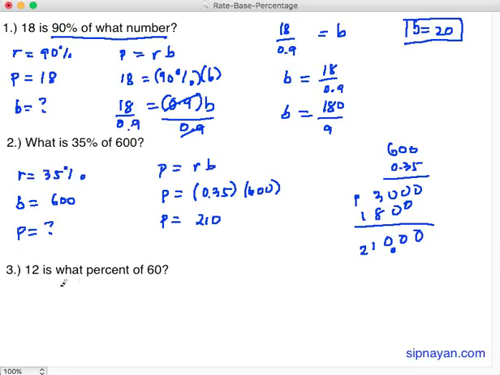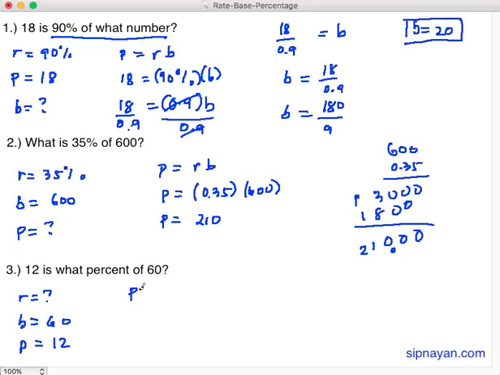Okay? 12 is what percent of 60? I think obviously walang percent dito, so R ang unknown natin. What percent of 60? Nandito yung base natin kasi nandito yung "of". So, 60 is the base, and 12 is the percentage.